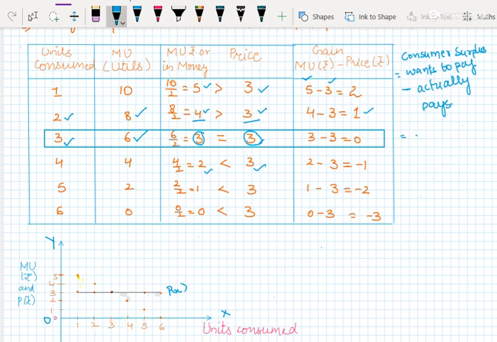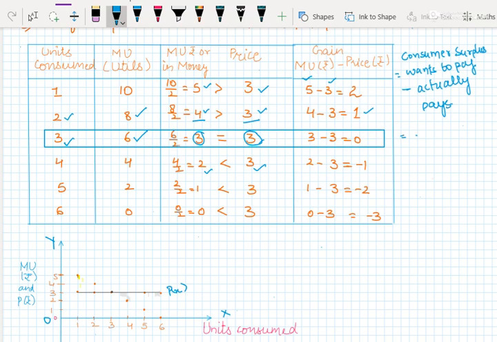We have discussed all this. For the fourth unit the consumer equates it with rupees 2, the fifth unit to rupees 1, and the sixth unit to 0.